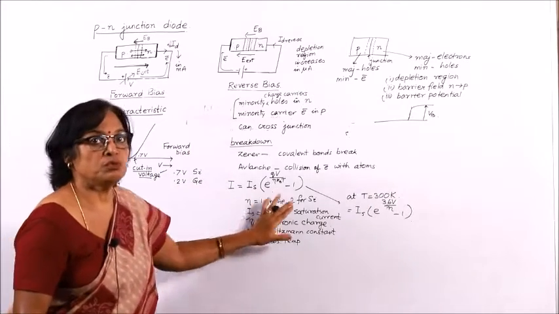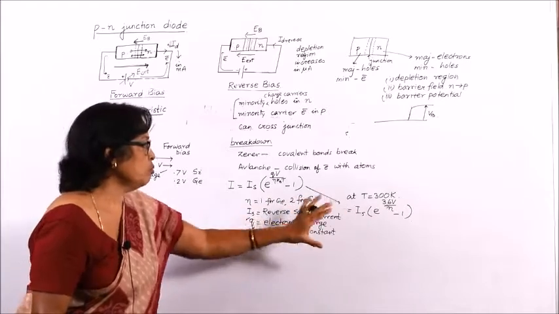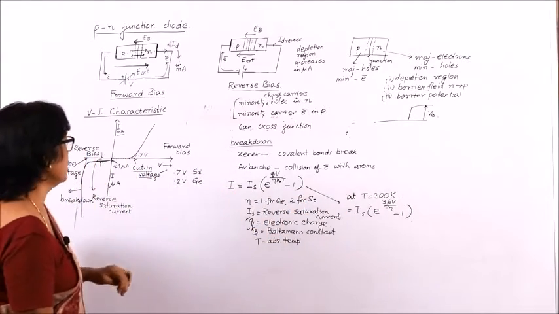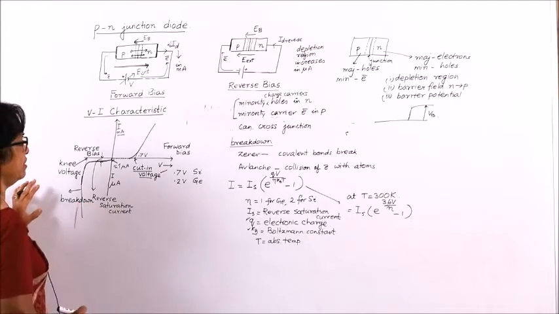You can use this in formulas when Is is the reverse saturation current, and this is the VI characteristic.